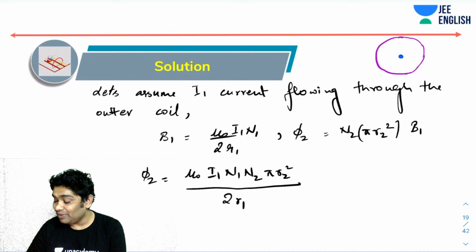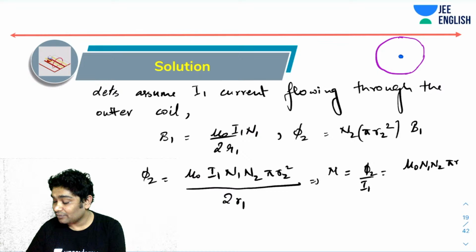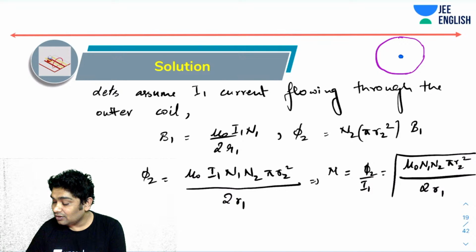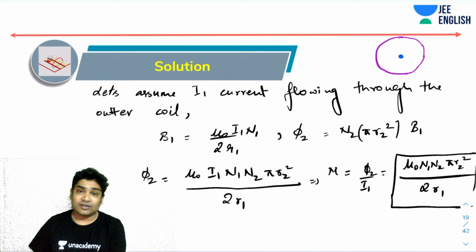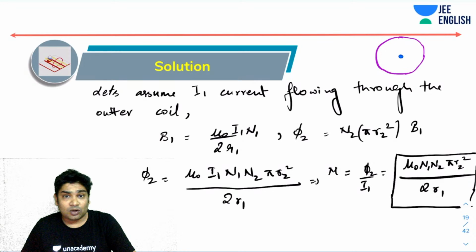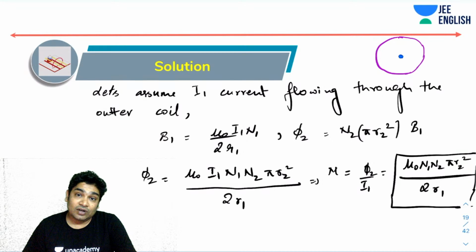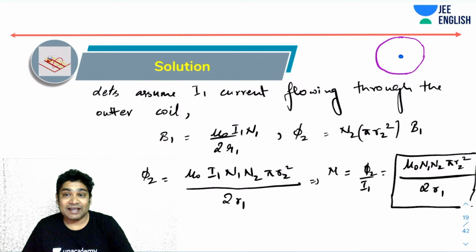So I also know M. What will be M? M would have been phi 2 over I1. So let's see how much M I am getting. I am getting this as my M. You realize again that if you had considered the current flowing through the inner coil and then tried to calculate, it would have been the same for the outer one.